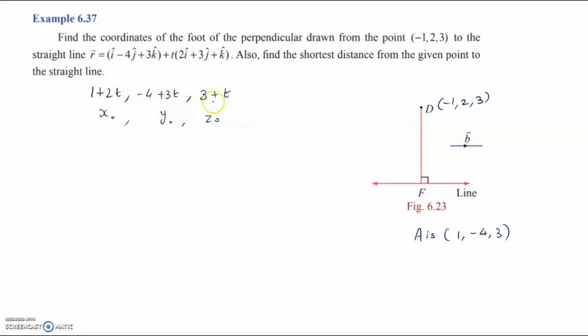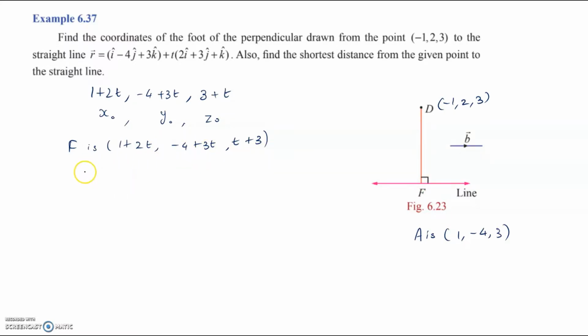So if f is this, our f is now defined as 1 plus 2t, -4 plus 3t, t plus 3. Okay, so our f is this point here, which is given by this.